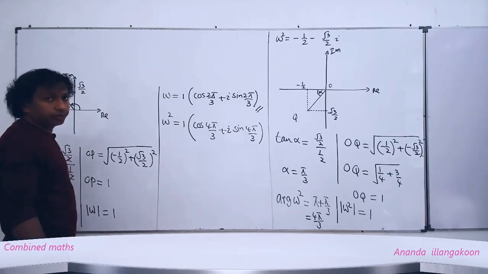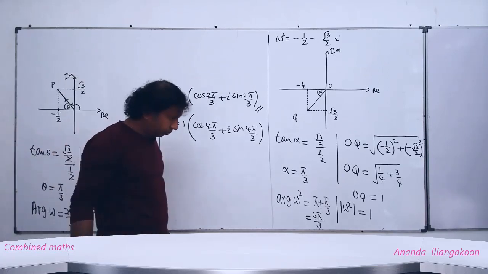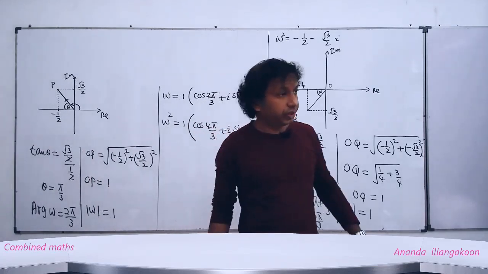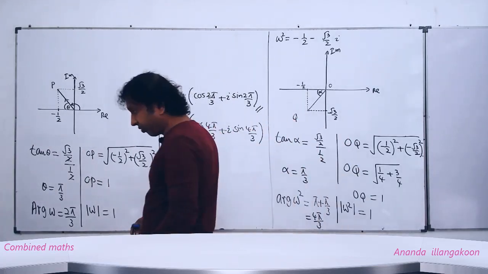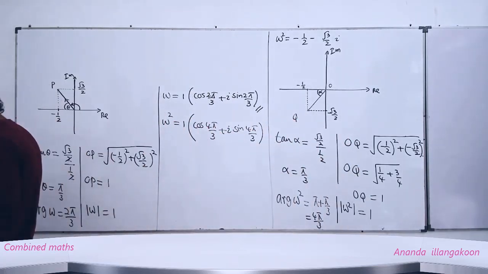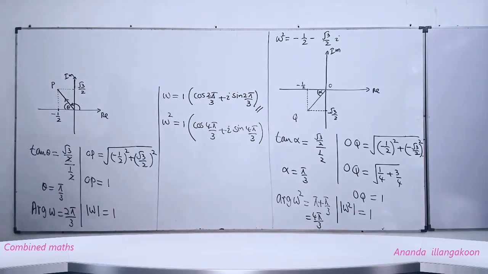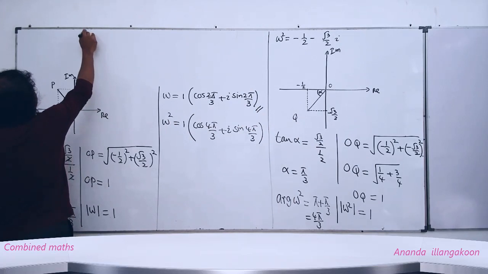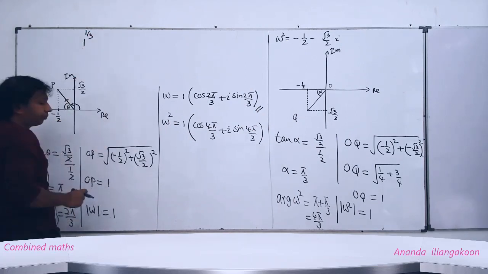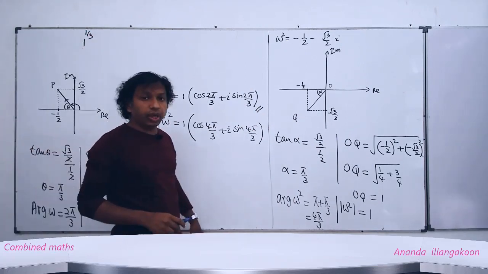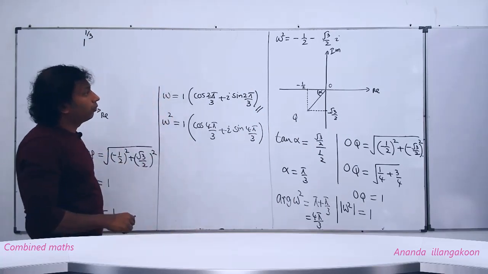Write down the 3 solutions. Let us represent the 3 solutions of 1 to the power 1/3 on the Argand plane.